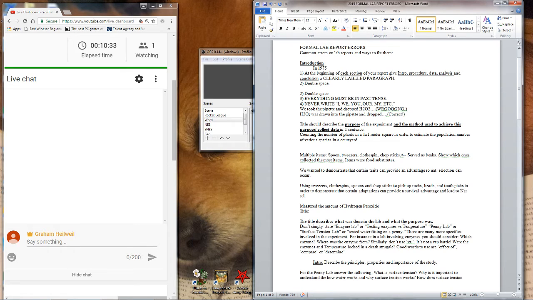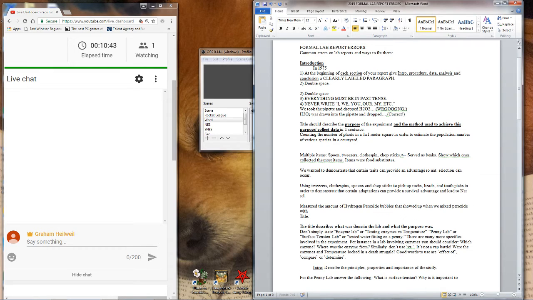Measured the amount of hydrogen peroxide bubbles that showed up when we mixed peroxide with liver. There's an enzyme in the liver that breaks down peroxide into water and oxygen.